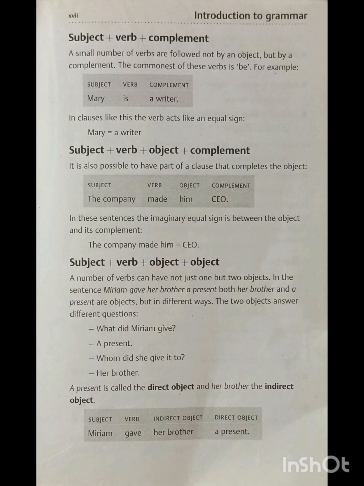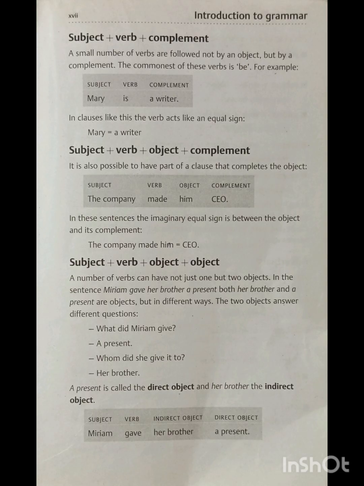Now the next combination is subject plus verb plus object plus object. Here we see one subject and two objects. Sometimes the sentence says, "Mariam gave her brother a present." Mariam is the subject, gave is the verb, her brother is the indirect object, and a present is the direct object.